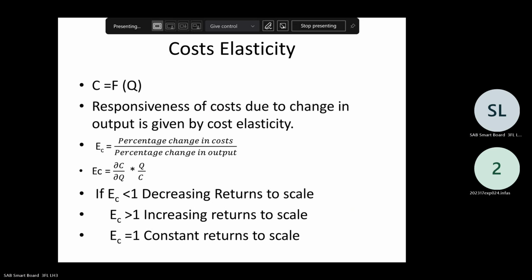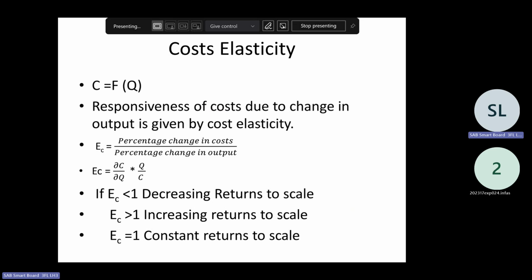In the long run situation, this is dC over dQ times Q over C. That is the slope of the cost function with respect to change in the output, times Q over C.